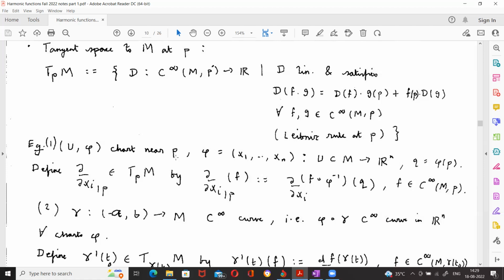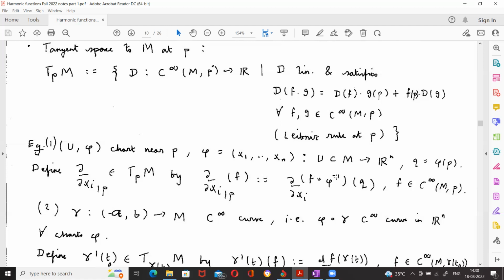Now, this chart allows me to define elements of the tangent space, which we'll denote by del/del xi at P. This is an element of T_P M, supposed to act on germs of smooth functions f. So how does it act on a smooth function f? Well, f is defined near P, so f composed with phi inverse will be defined near Q.